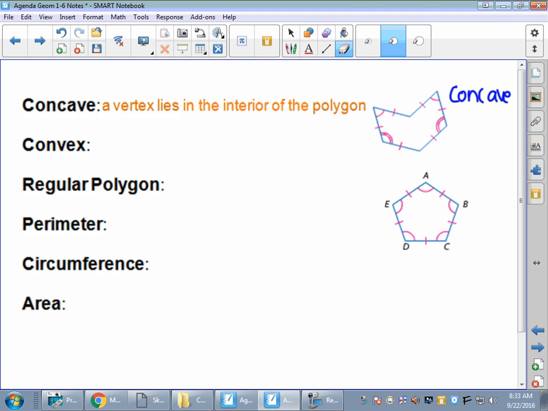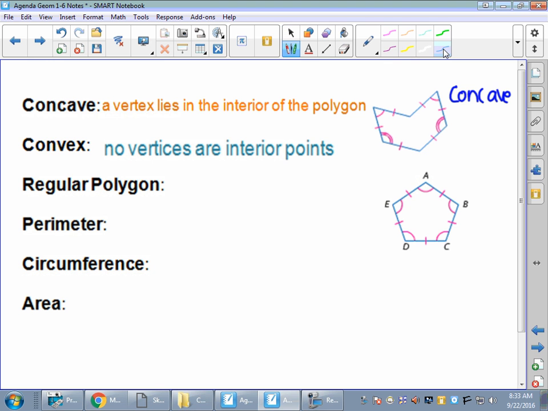And then convex, no vertices are interior points, like this pentagon ABCDE. If you don't remember the different sides, like a pentagon is 5-sided, we're going to talk about that. I've got a little table on your notes for you.